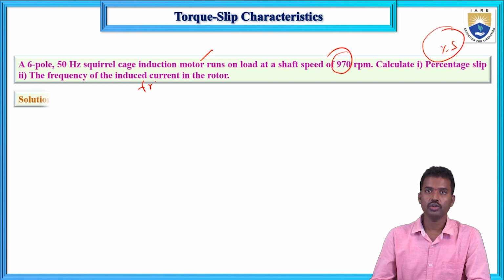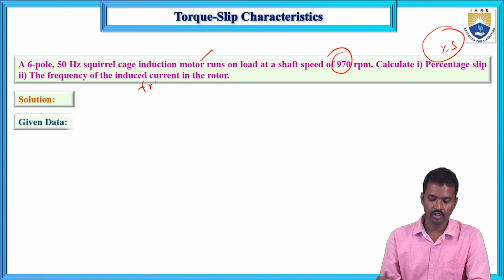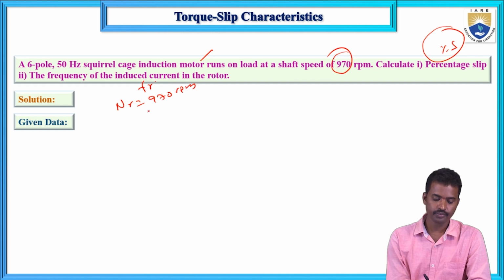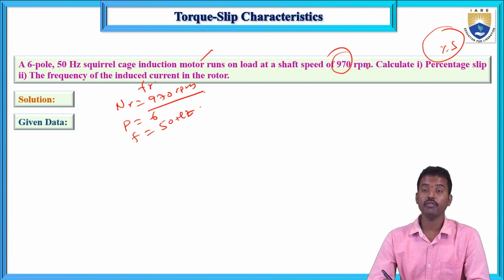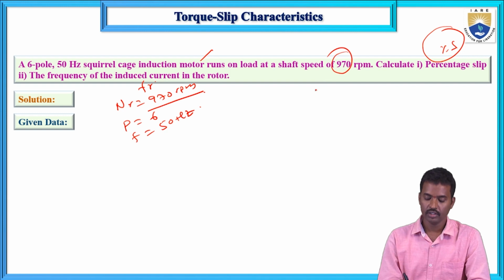First, the solution. The given data: NR equals 970 rpm, number of poles P equals 6, and F equals 50 Hz. What are the required formulas here?